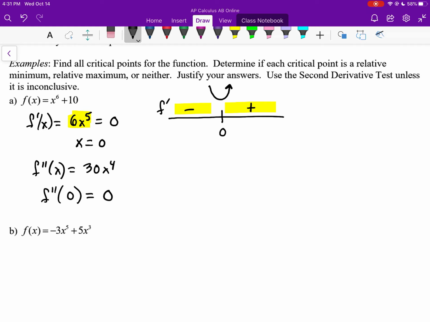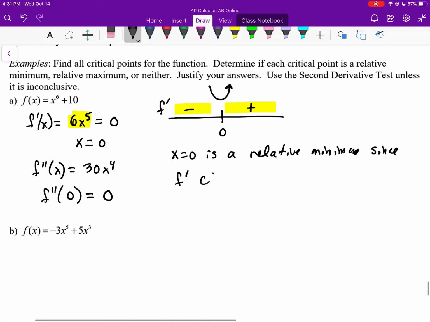And so we're going to give a justification. This over here has a relative minimum. And so we're going to say something like x equals 0 is a relative minimum since f prime changed from negative to positive.